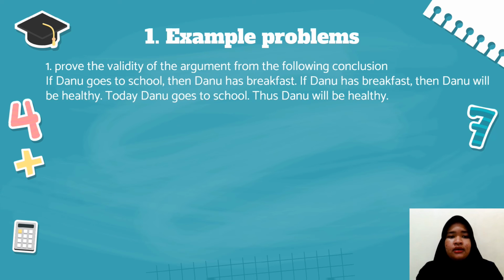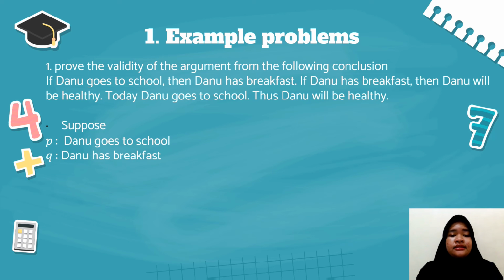If Danu goes to school, then Danu has breakfast. If Danu has breakfast, then Danu will be healthy. Today Danu goes to school, thus Danu will be healthy. Suppose P states Danu goes to school, Q states Danu has breakfast, R states Danu will be healthy.